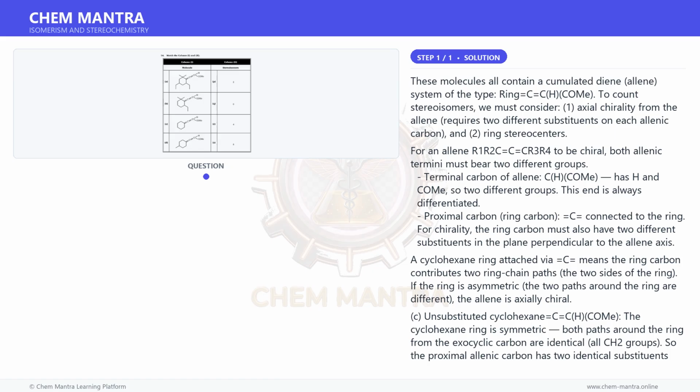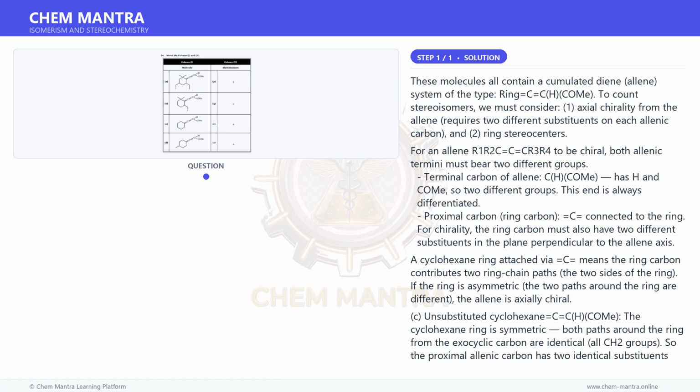Let me reread. A has gem-dimethyl at one ring carbon and ethyl at another ring carbon and the allene. The allenic carbon in the ring is the gem-dimethyl carbon. So C1 has two methyls replacing two H's. Wait, C1 in the ring bearing the allene also has gem-dimethyl?